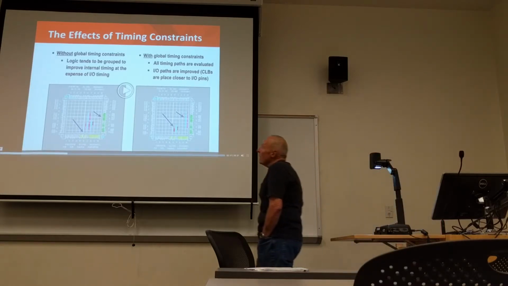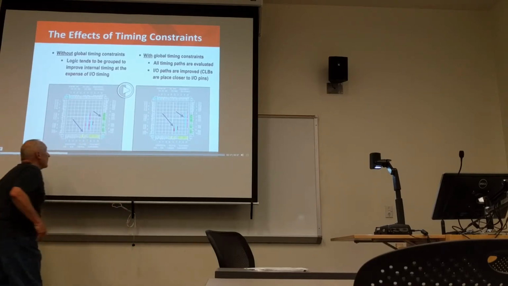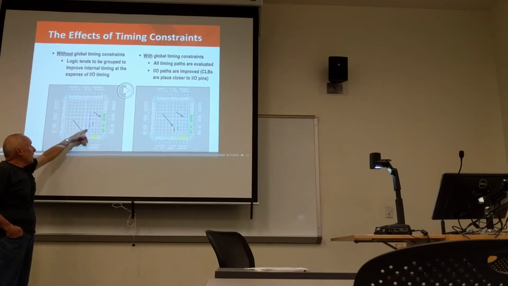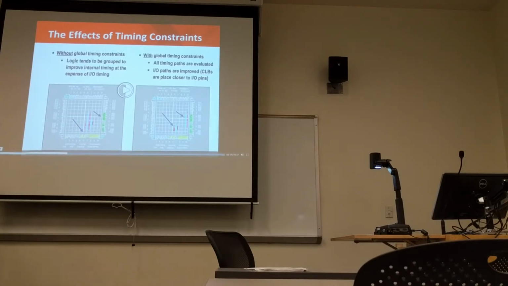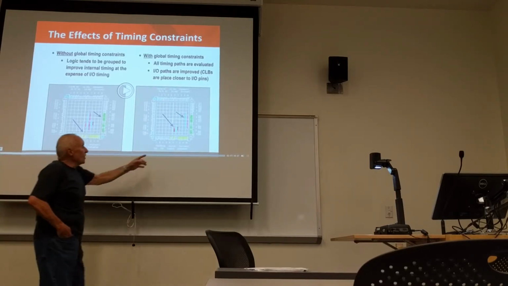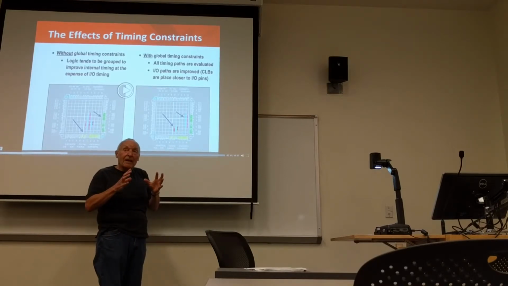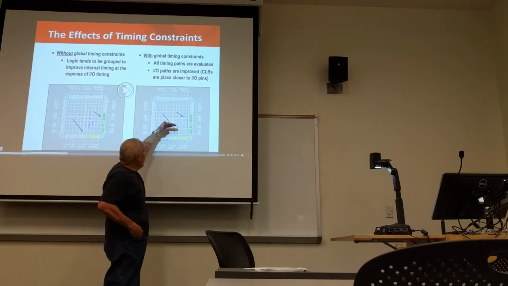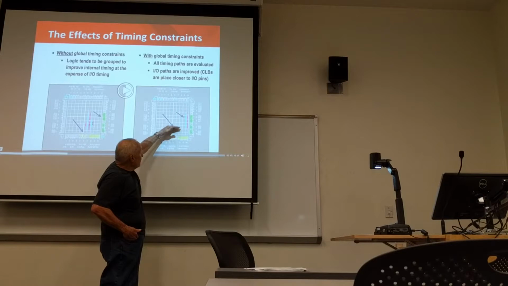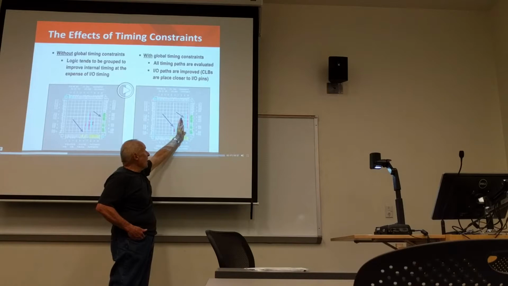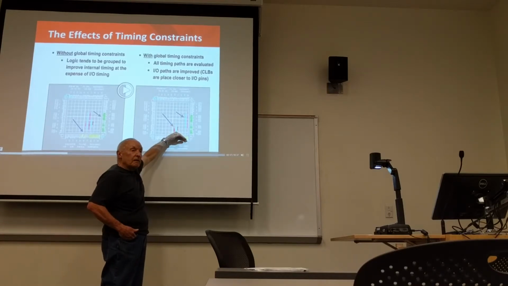Okay, so without the timing constraints, the place and route tools try to optimize the timing for the design without regard to the I/O. You'll notice in this design, they compromise somewhat on the internal timing to get better I/O timing, because you did put in timing constraints. So you'll notice that the input and output pin placement, which as he pointed out were the same, the logic got moved closer to that.